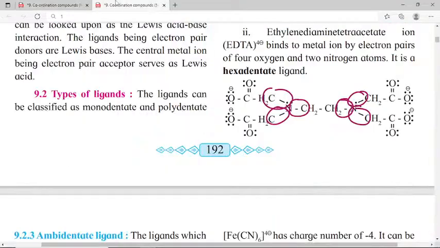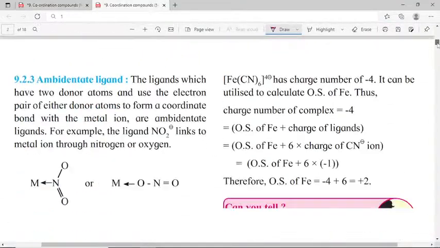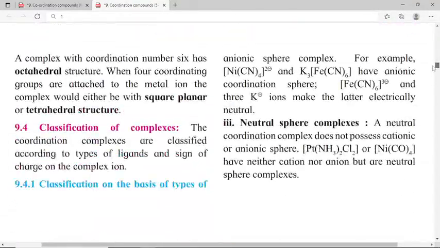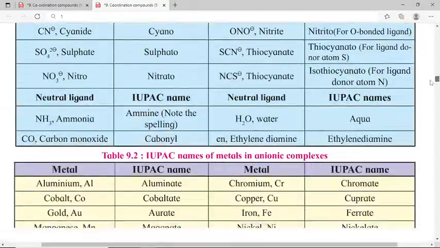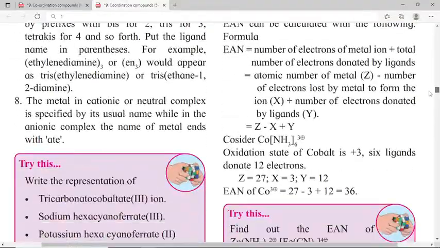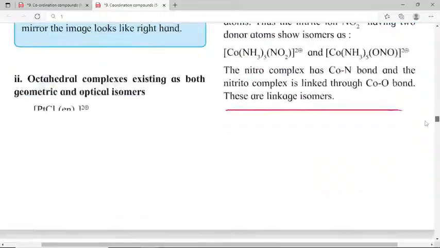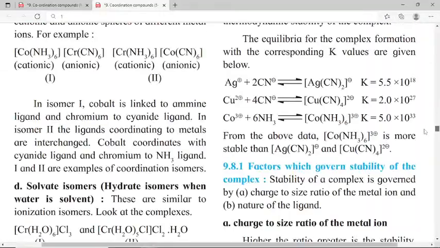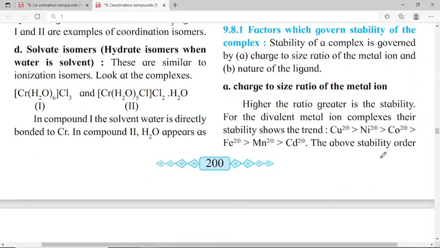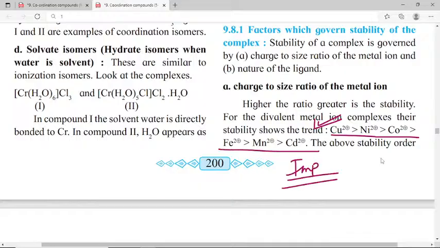Such questions come from stability of complexes and the stability order. Please make a note of this, it is very important.